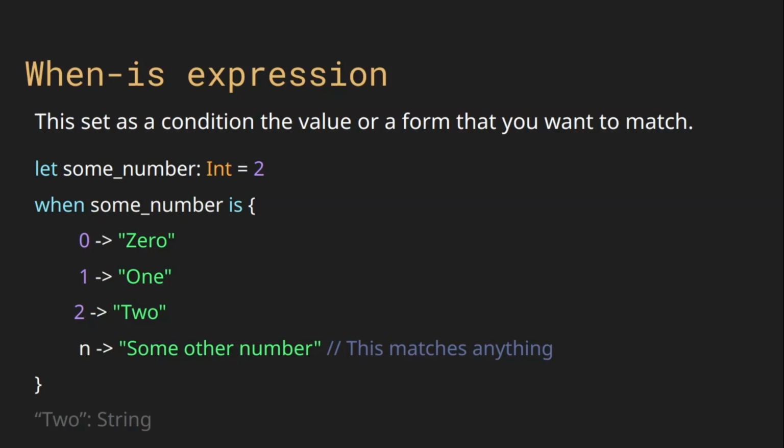For example, let's say that you have a variable, some number, of type integer, and you want to check out if it has some specific value. Here, the when is expression checks out if it's 0, if it's 1, if it's 2, if it's another number. In this case, it is 2, so it returns the third string.